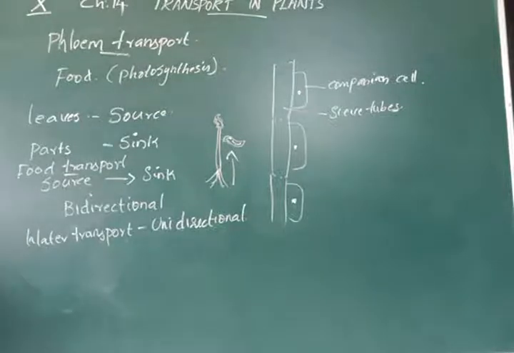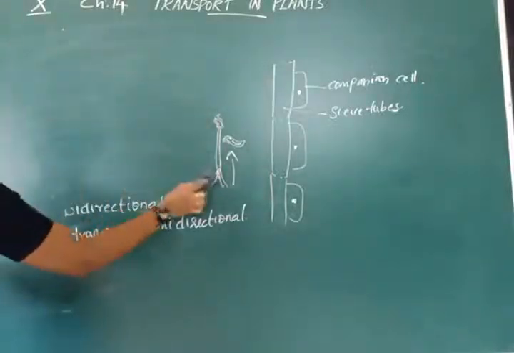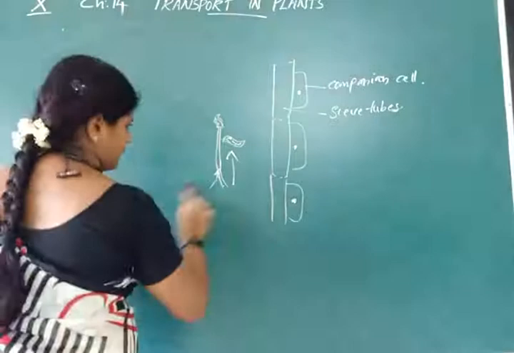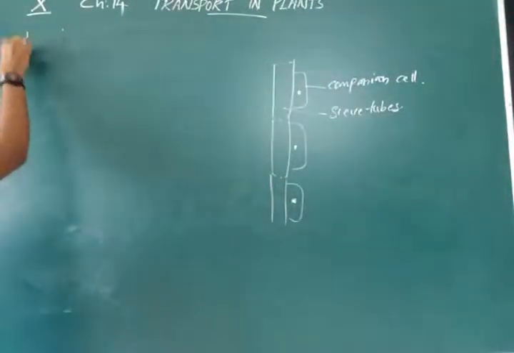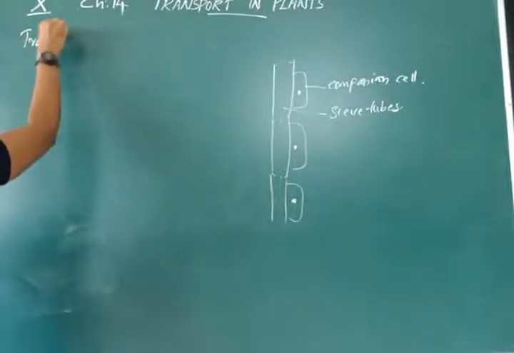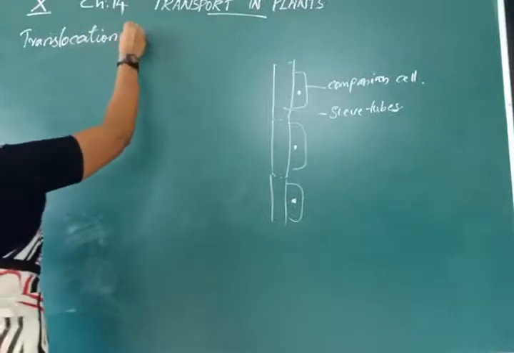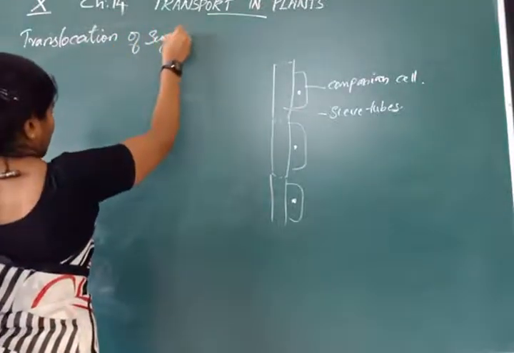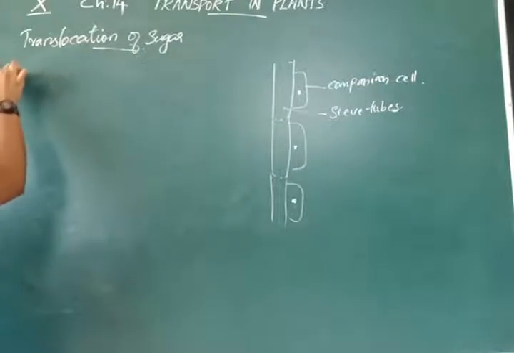Then, translocation of sugar. Translocation of sugar means that as a result of photosynthesis, glucose is produced.